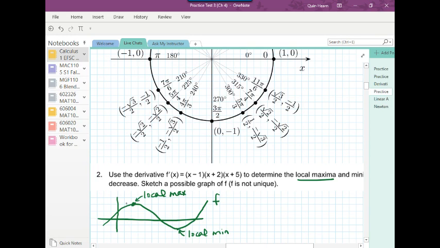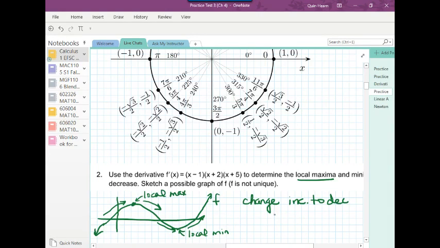And then a valley at the bottom would have the local minimum. The y coordinate at each of those points would be our local max and local min. Local because it's not the absolute top point on the graph or the absolute bottom point. In fact, this graph doesn't have an absolute max or min.